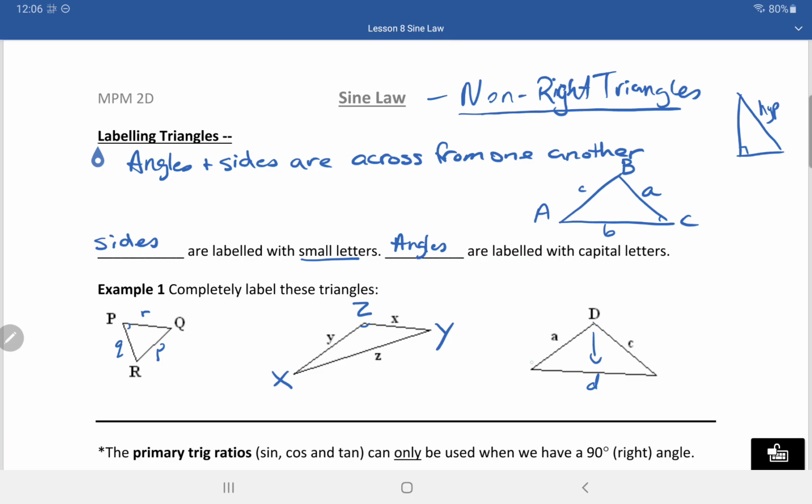This is side A, meaning capital angle A is over here. And if this is side C in the triangle, capital C is over here. So it doesn't matter what the triangle is named, it just matters that the sides across from the angle are the lower version of the capital letters.